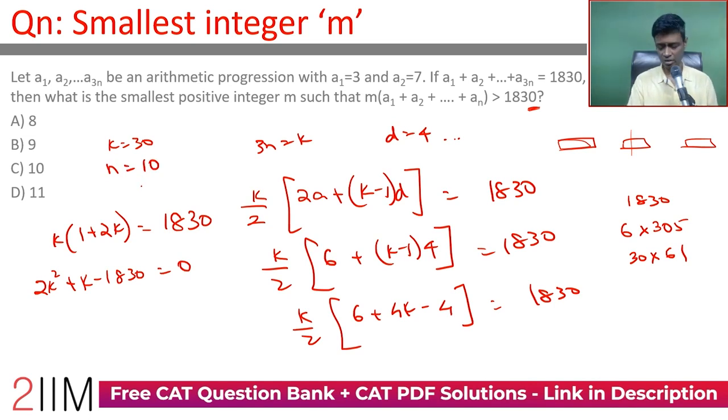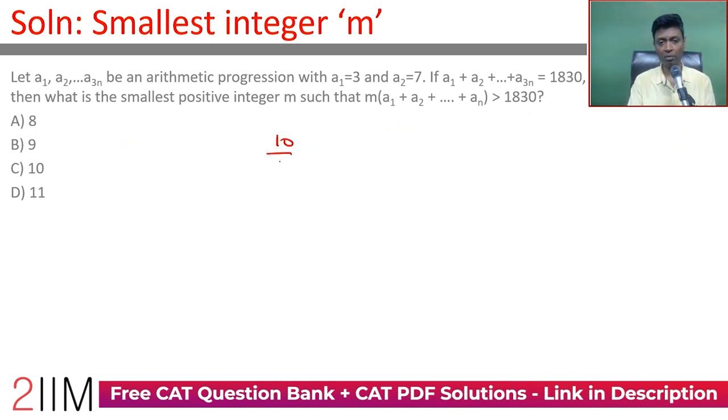And we need to add this till 10 terms. Let's do that. 10 by 2 into 2 into 3 plus 9 into 4, using 2a plus n minus 1 into d.